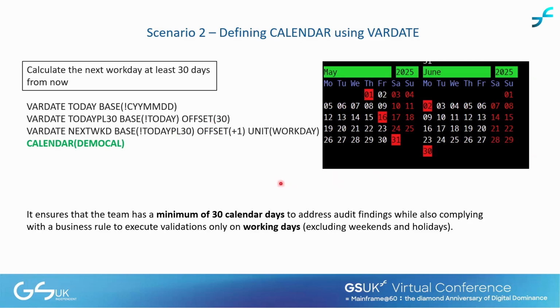Once we have that calculated, we will use again an offset plus 1 day, but this time we will use the unit workday based on the demo calendar. And since we have Sunday and Monday 2nd as free days, it will fall on the 3rd of June as the first working day from now.